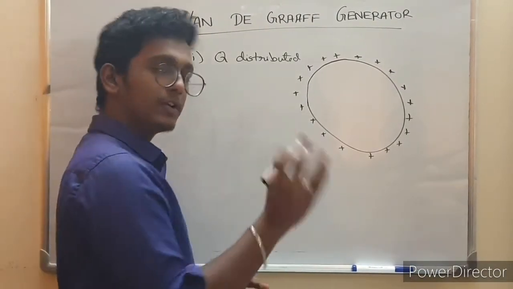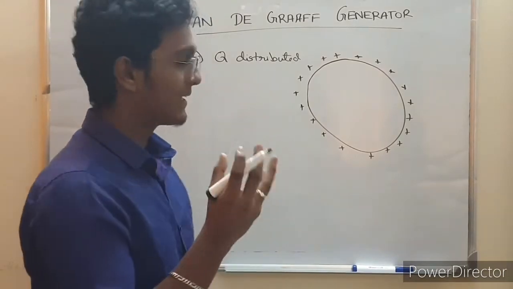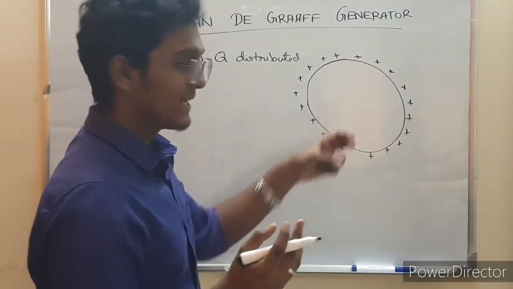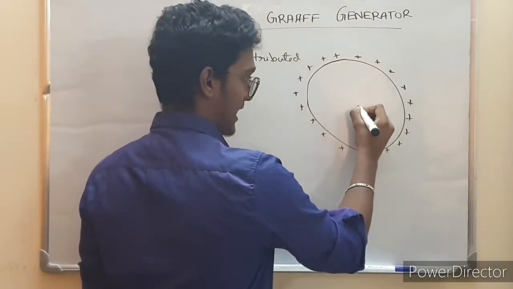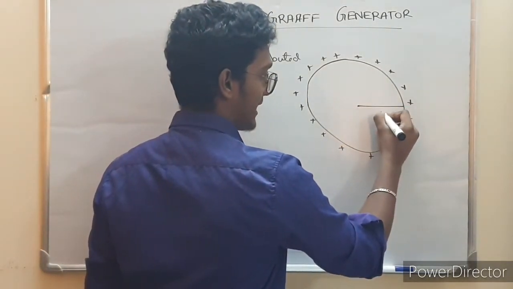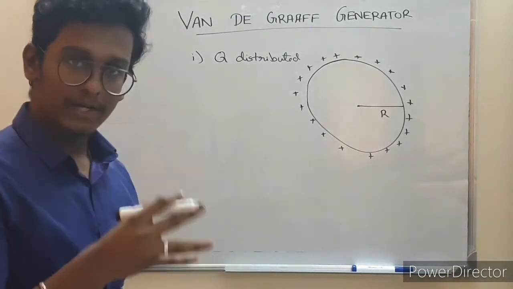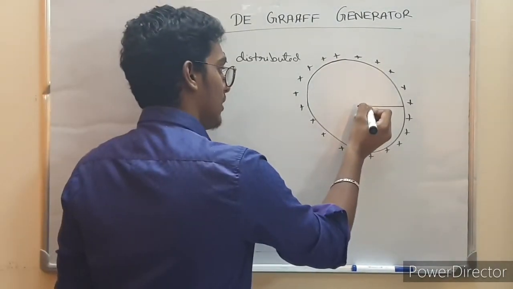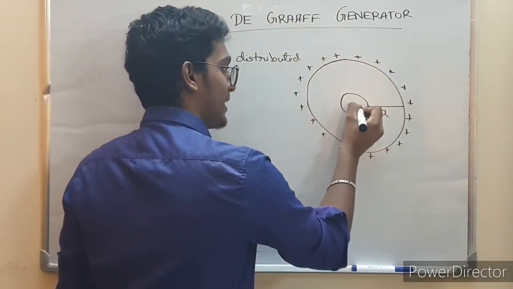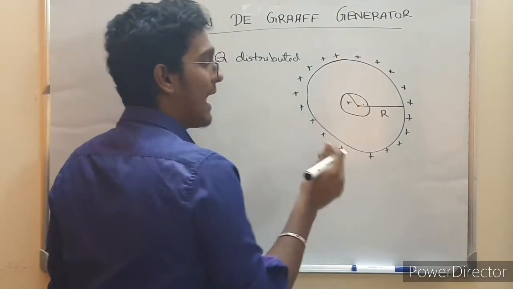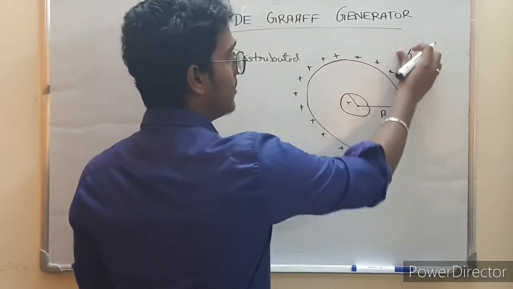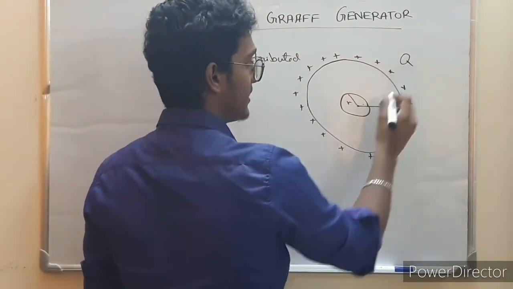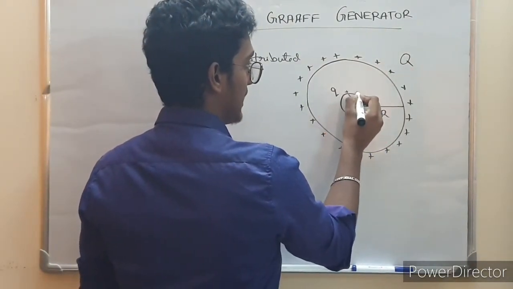So we are going to introduce a small metallic ball in the center with a much smaller radius. Let's call the radius of the bigger sphere capital R, and we are bringing in another small ball of radius small r with a charge small q. So this is capital Q with radius capital R, and this is small q with radius small r.